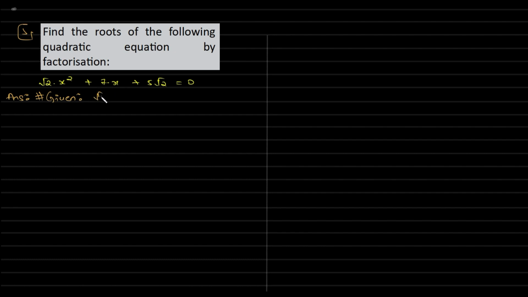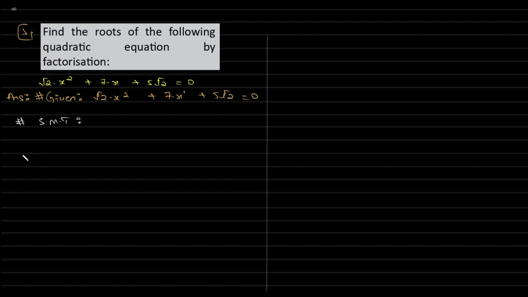So we're looking at root 2 x square plus 7 into x plus 5 root 2 being equated to 0. Now, this is already in standard form, so nothing further. Now we need to split the middle term.